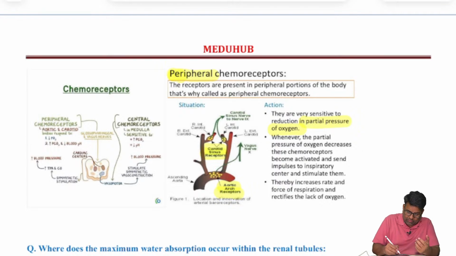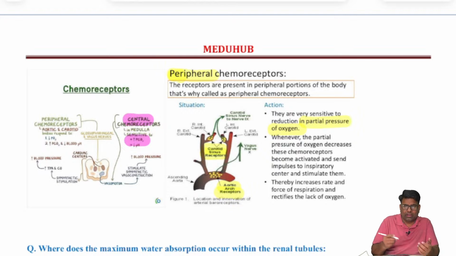We do have central chemoreceptors as well, which are in the brainstem, especially in the medulla, and they are sensitive to an increase in partial pressure of carbon dioxide, which correlates with pH as well.